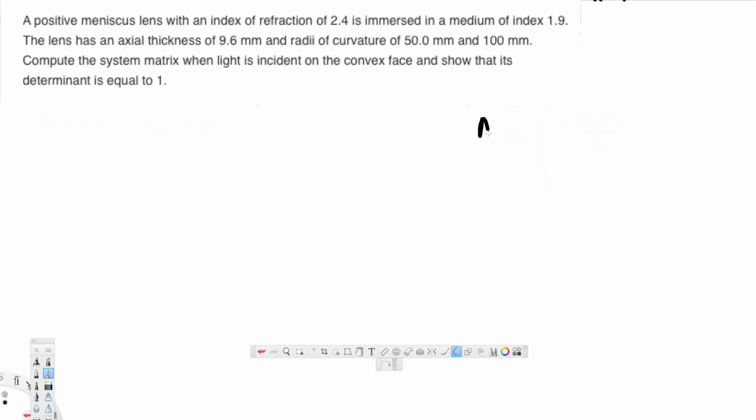Now the system matrix for a meniscus lens is going to look like this.